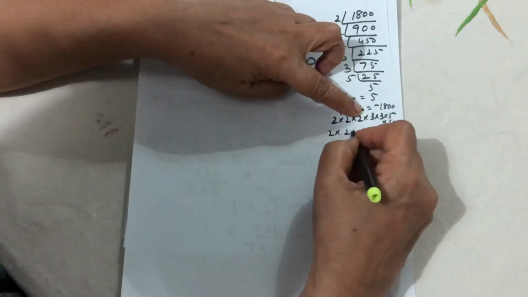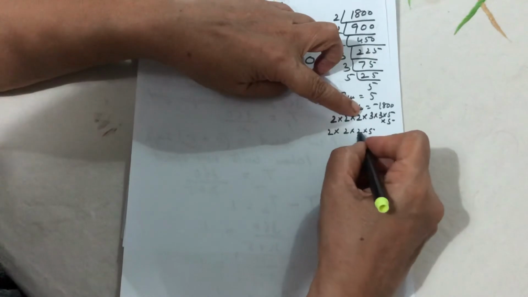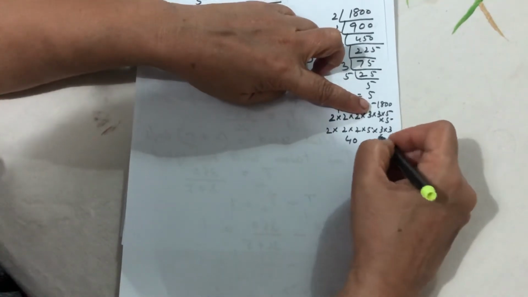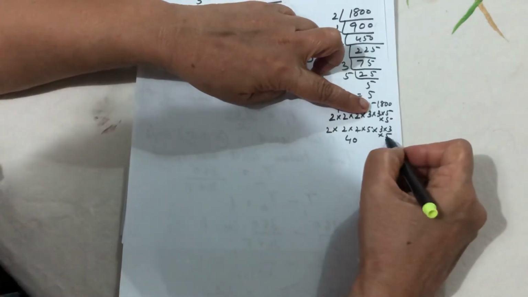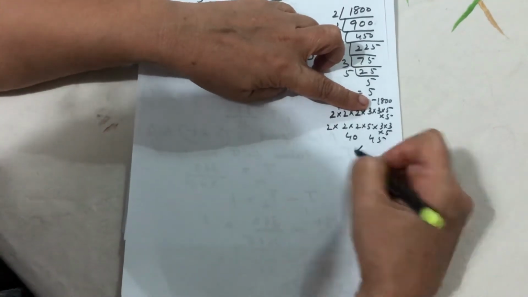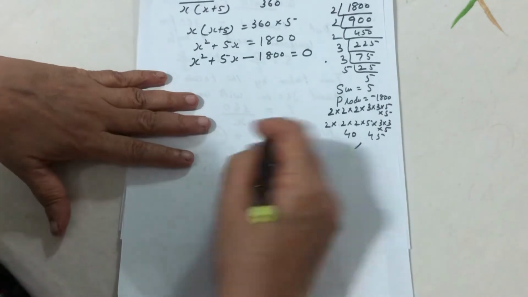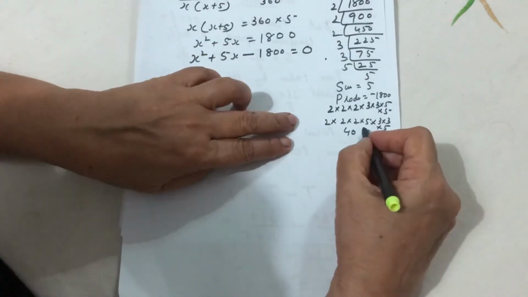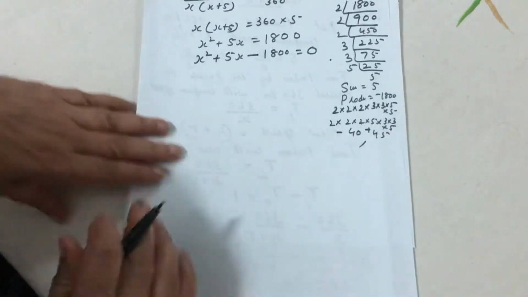2 into 2 into 2 into 5, that is 8 5s are 40, then 3 into 3 into 5, so 3 3s are 9 into 5 is 45. So 40 and 45. Here sum is positive, therefore the bigger one is positive and the smaller is negative.